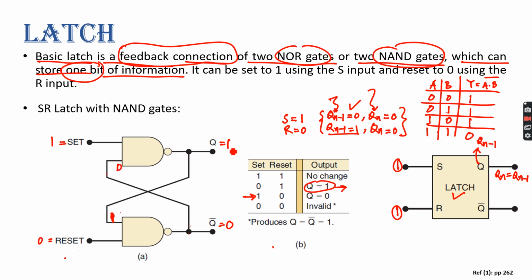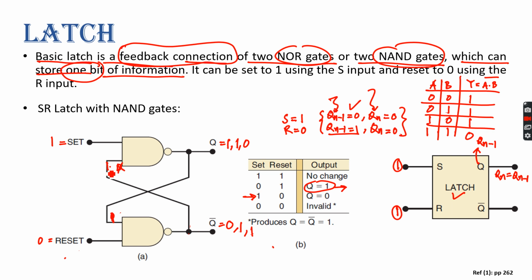So 1 0 gives you 1, and 1 0 gives you 1, right? Yes, sir. So this 1 will come as an input here. So 1 1 gives you 0, and 0 1 gives you 1. So this 1 will go again here.